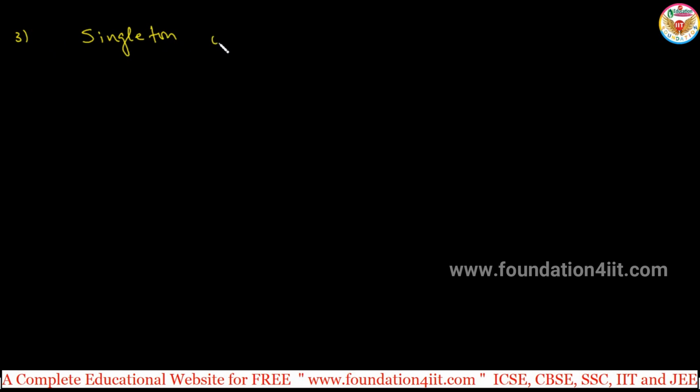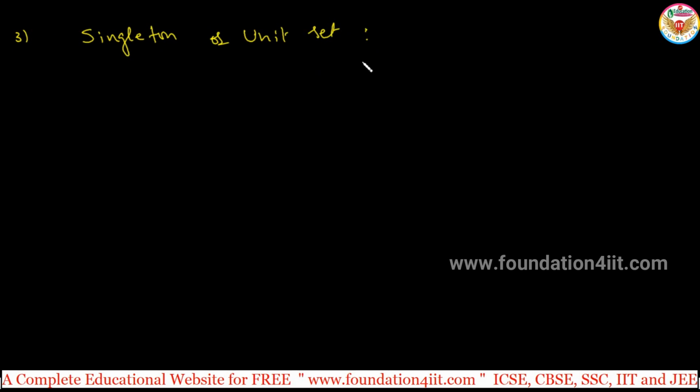singleton. So the third one is the singleton set or unit set. Singleton or unit means only one element, any set having a single element is called a singleton set. Let us take one example. A is one set having only the element 2.